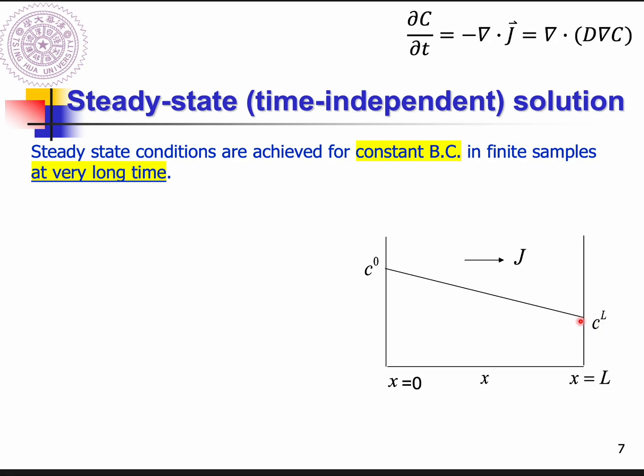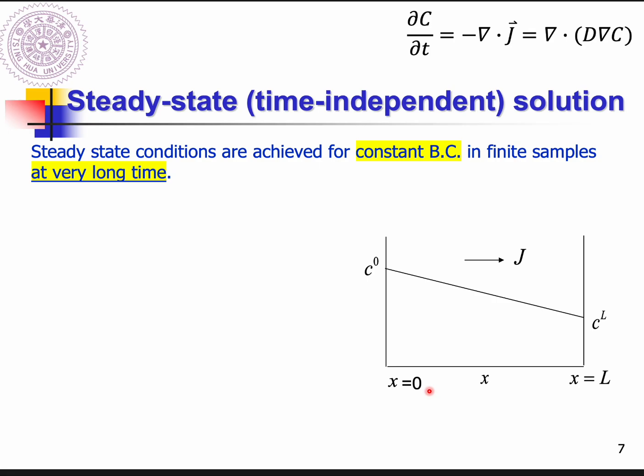After a while, we observe that the concentration at the two ends does not change with time, so the profile looks like this. Because this is higher concentration and this is lower concentration, the atomic flux moves to the right-hand side. So this is your experimental observation, right?